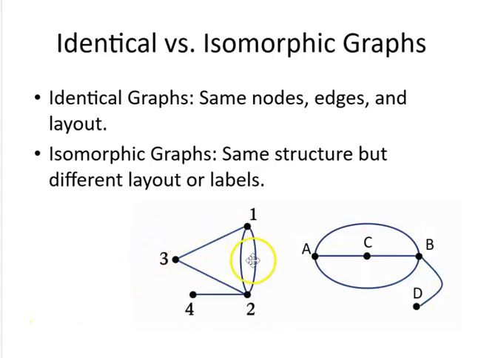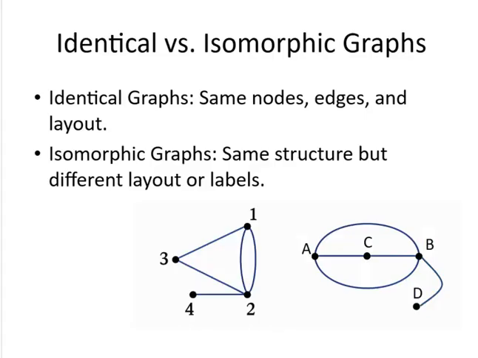I could put 3 inside, in the middle, and there'll be a line going from 3 towards 1 and towards 2. So if I take C outside over here and have the connections to A and B, then it would effectively have the same layout. So these are not identical, they are isomorphic.